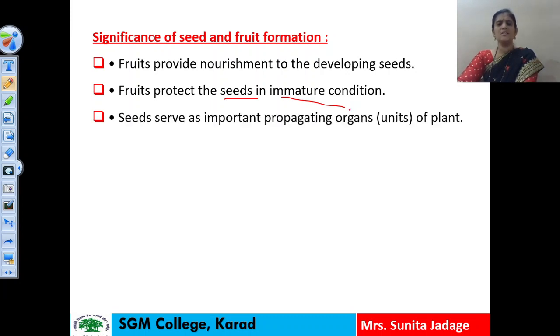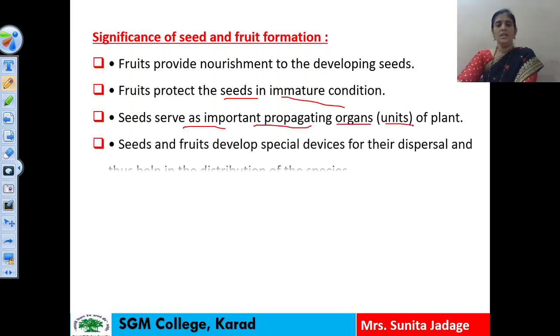Then seeds serve as important propagating organs or units of plants. So when these seeds are sown in soil, they show germination and there is formation of a new plant. So the seeds serve as important propagating organs or units of plants. Okay. Next, seeds and fruits develop special devices for their dispersal and thus help in distribution of the species.